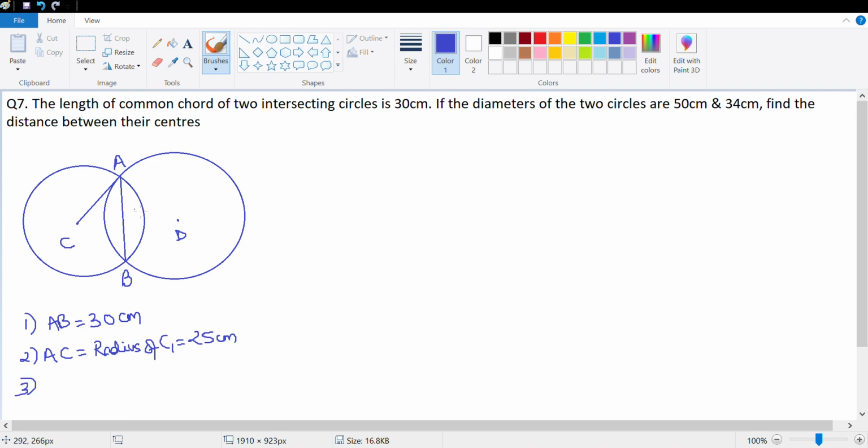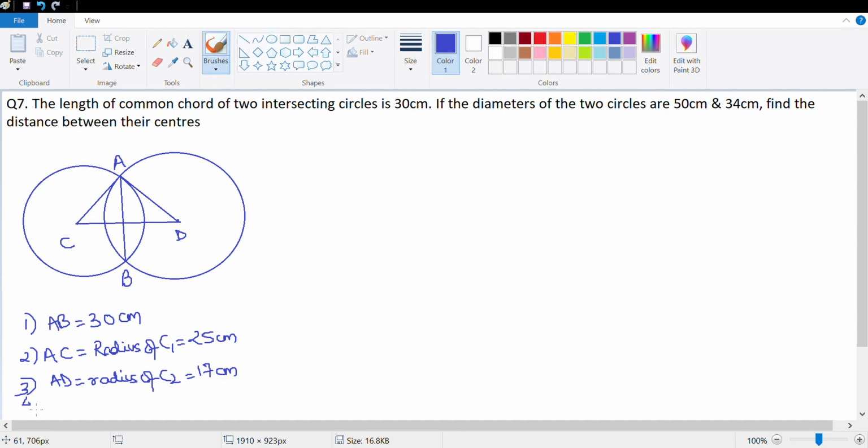Next, AD, which is radius of circle 2, is given equal to 34 upon 2, which is 17 centimeter. What we need to figure out is the distance between these two, which is CD.